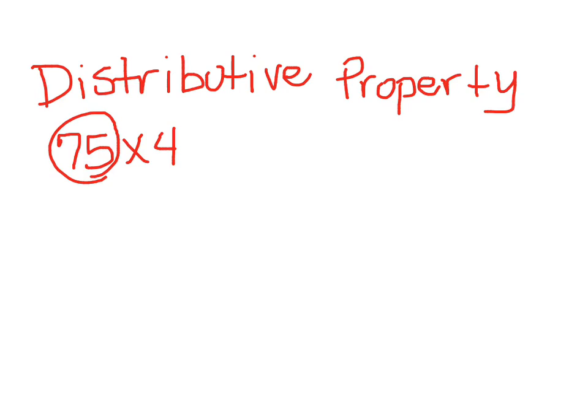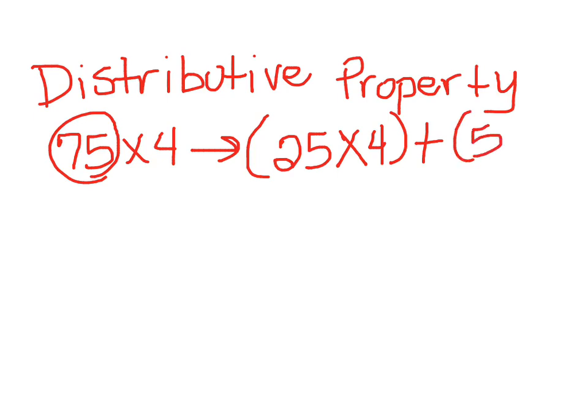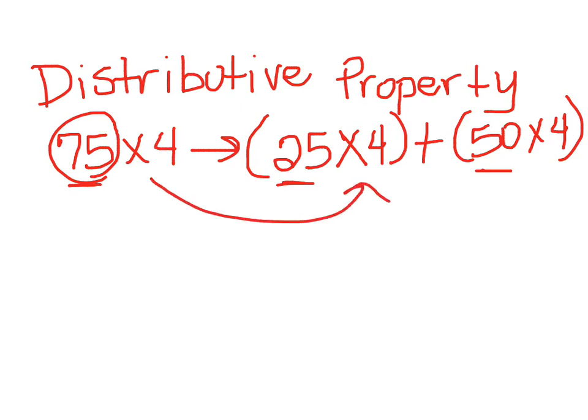So I'm going to say 25 times 4 plus 50 times 4. So all I did was take this number 75 and I broke it into 25 and 50. I'm still multiplying both numbers by 4, and then I add the two numbers together to get my answer.